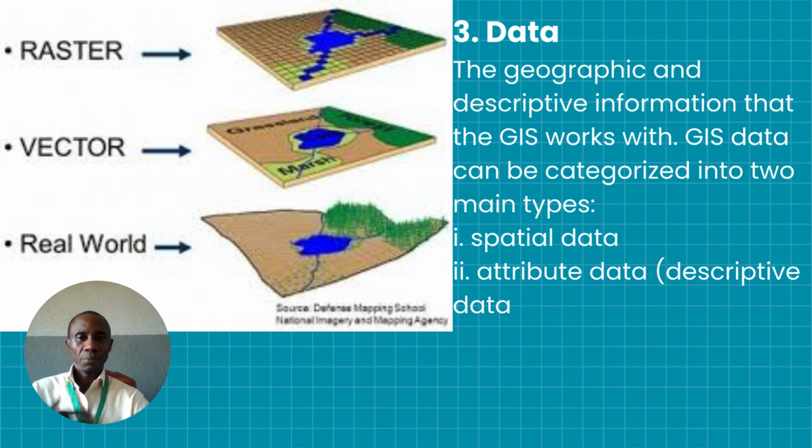Under this we have raster and vector. Raster uses grid cells and can be used to present information like elevation and temperature, and then we have vector, which uses points and lines. This can be used to represent transport networks such as rails and roads.